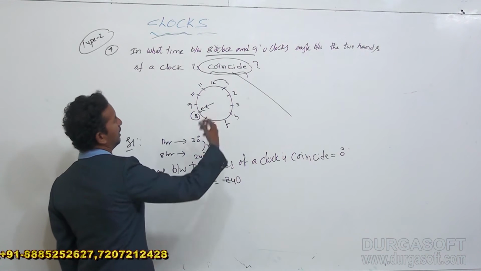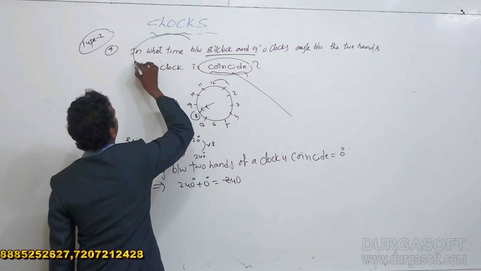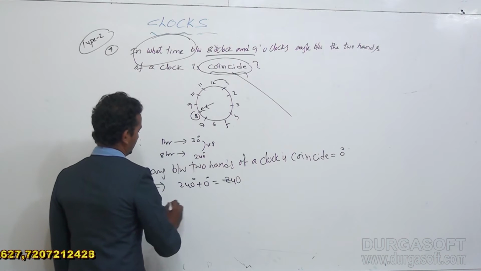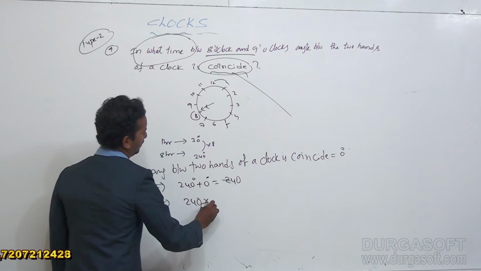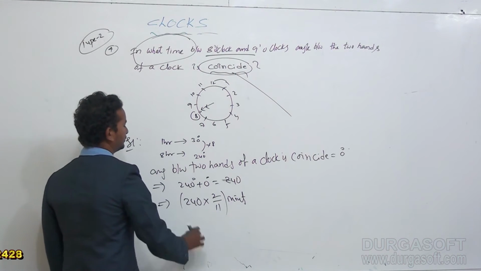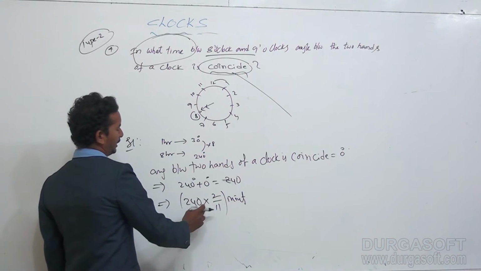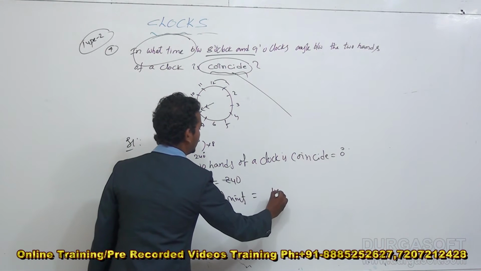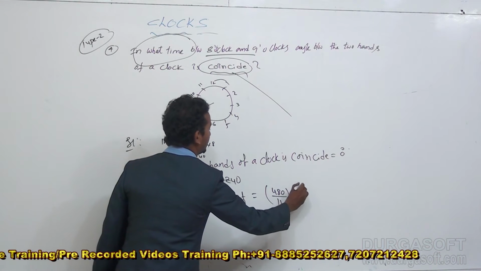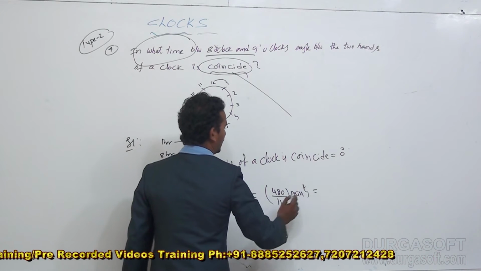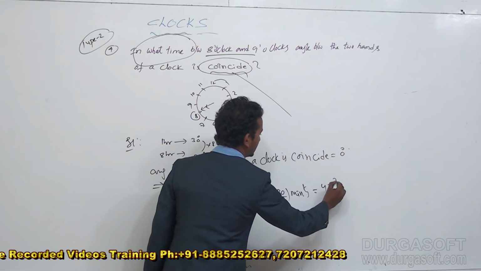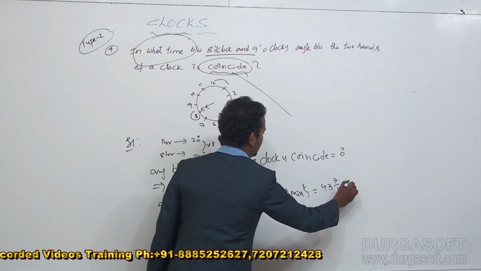But we need to convert this into time, in what time? So see here, 240 divided by 11 by 2. I am converting into minutes. So 480 divided by 11 minutes. 11 fours are 44, 11 threes are 33, remainder 7, so 480 by 11 minutes will be required.